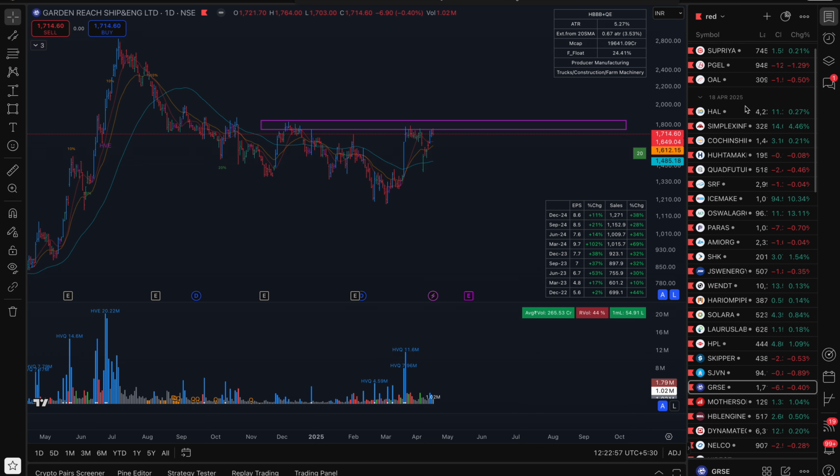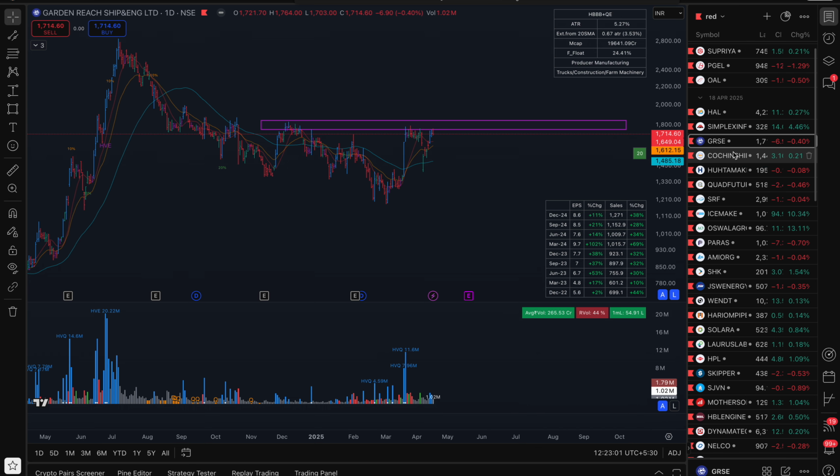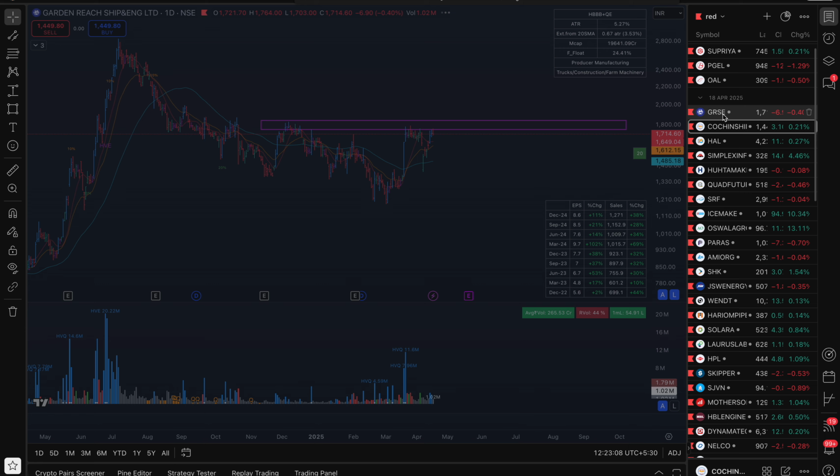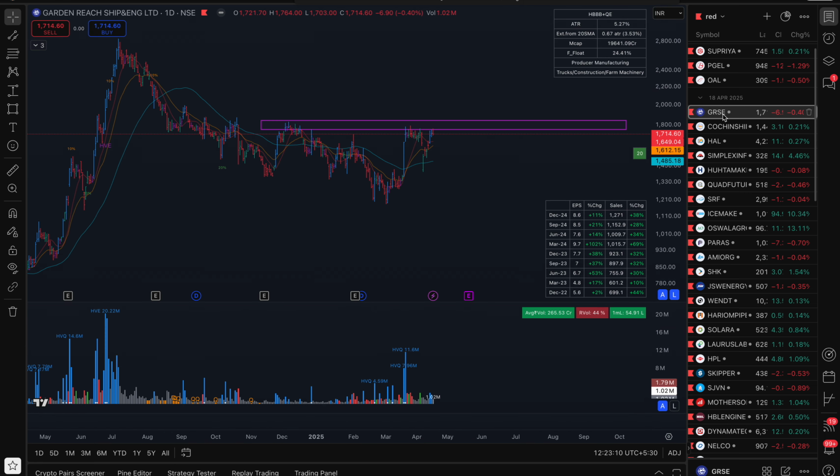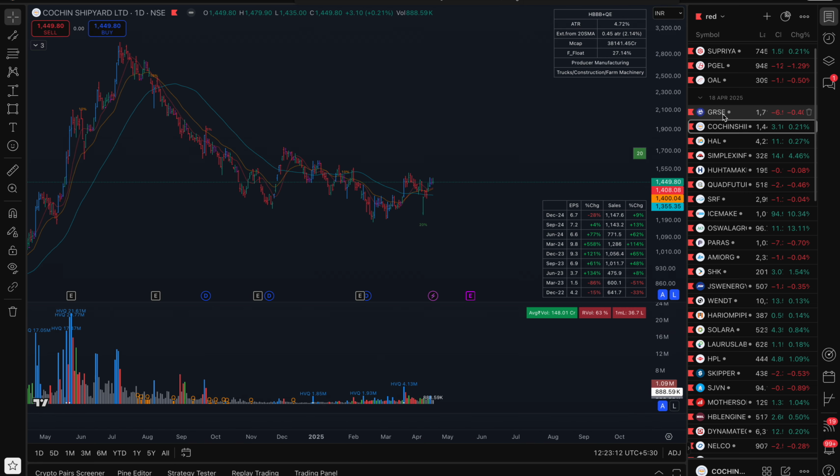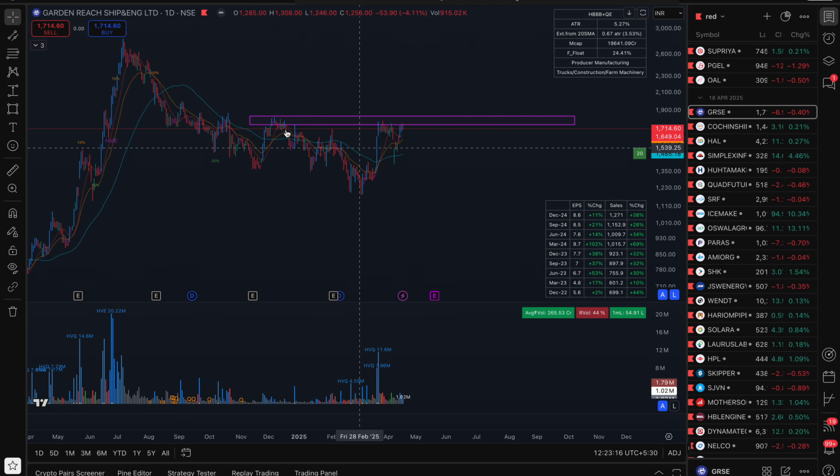Now if you don't want to hold a lot of names from the same space, you have to look at some ways to say which one is more actionable. Is it GRSE? Is it Cochin Shipyard? Then the things you can look at is, what's the base depth? If it is 30-40% it is good, more deep than that is not so good.